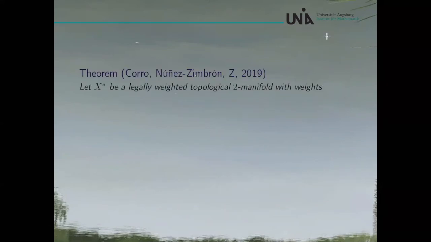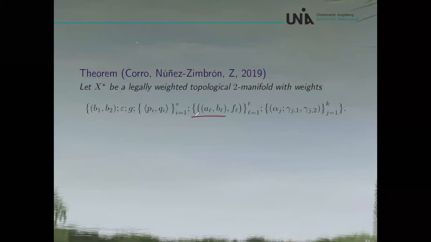Assume we have a legally weighted topological 2-manifold with these weights. When I say legally weighted, I mean that these determinants shouldn't be 0. Why? Because if they're 0, then by the classification of cohomogeneity one actions on 3-manifolds, we know that the manifold should be S2 times S1.